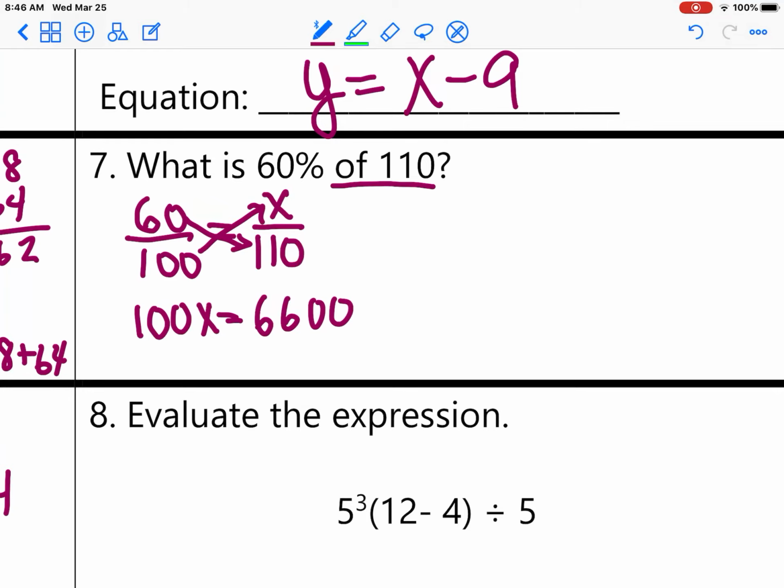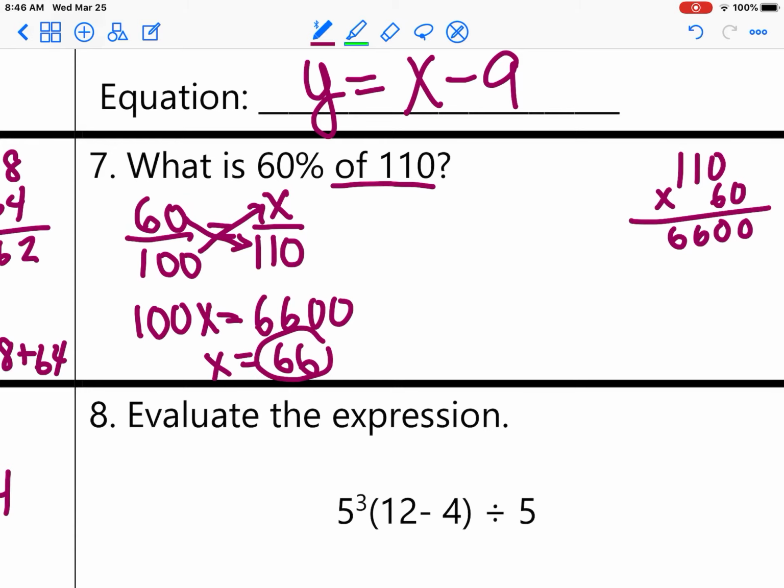Let's check that math, because that was done in my head and I can't trust myself. 110 times 60. We'll leave that 0 on the bottom. 6 times 0 is 0. 6 times 1 is 6. 6 times 1 is 6. Oh, yeah, I was right. Good job, Miss Elkins. All right, so 100x equals 6,600. And when you divide 6,600 by 100, you just get 66.